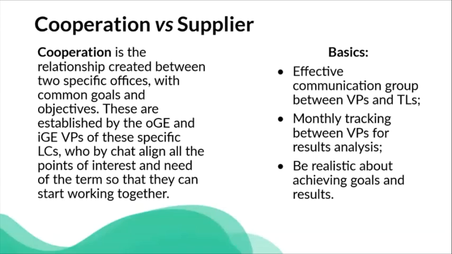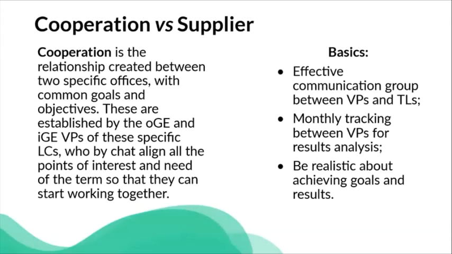So the basics for it to happen are the creation of an effective communication group between VPs and NCLs, ICX, and OGX in whatever means of communication you guys use, so WhatsApp or Telegram. The monthly tracking between VPs for results analysis and being always realistic about achieving goals and results.